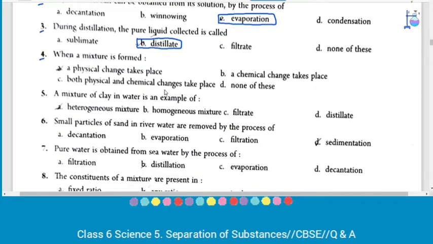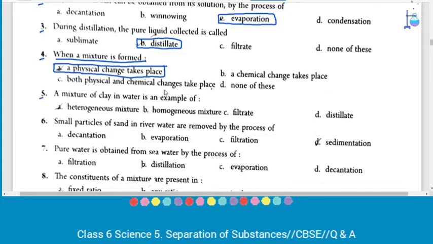Fourth question, when a mixture is formed, a physical change takes place, a chemical change takes place, both physical and chemical change takes place, none of these. Answer is a physical change takes place. When a mixture is formed, a physical change takes place.